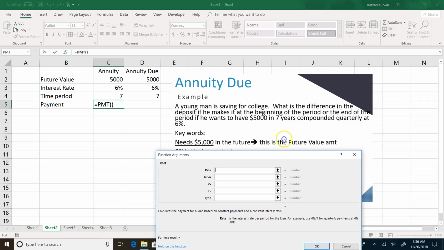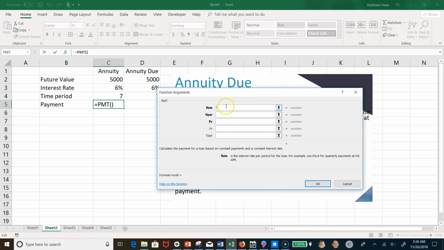So for our rate, we're going to click on our rate and divide by 4. And for our number of periods, we're going to click on our 7 and multiply by 4. So we're just getting a little practice in this problem. And then for our future value, we're going to click a negative and click on our future value.